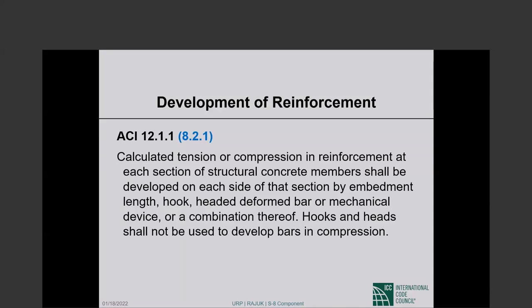This is important. One way or the other, you have to develop the full stress. Now, if it is a continuum, if it is a beam, you are in the middle of the beam, there is plenty of reinforcement on two sides, development is automatic.